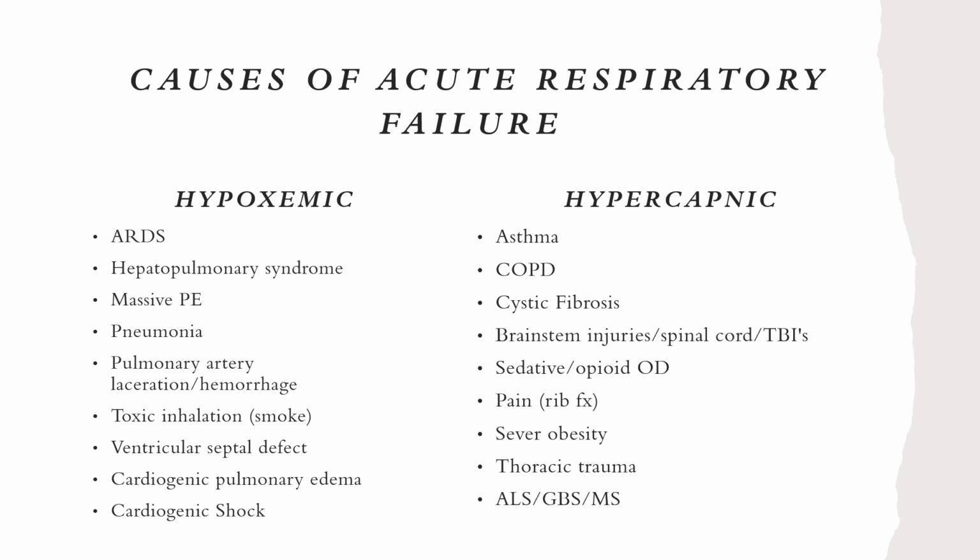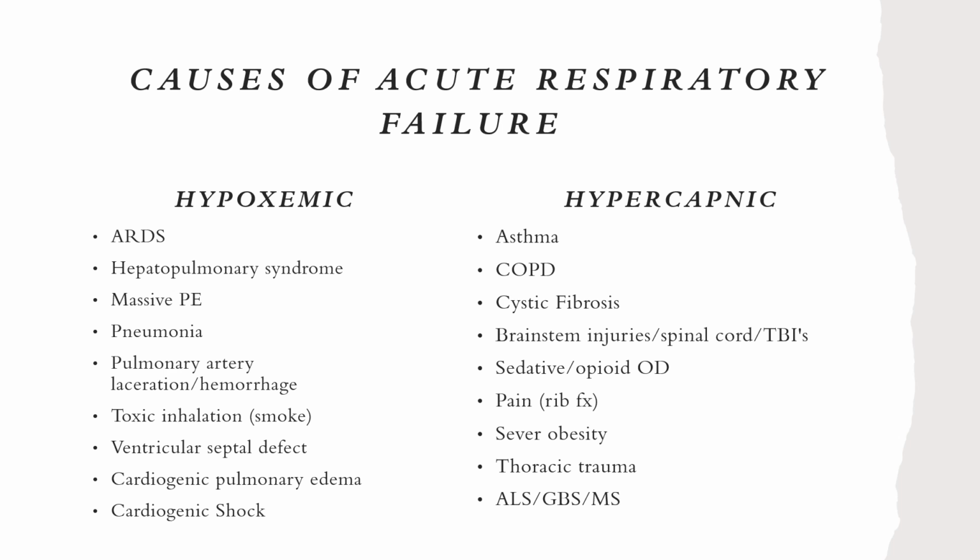And then on the other side, more of the ventilation mechanical issues would be asthma, COPD, cystic fibrosis. It could be brainstem injuries, spinal cord injuries, traumatic brain injuries. Anything neurological can most certainly depress our respirations. Sedative or opioid ODs, depressing respirations. Pain we talked about. So for example, with a rib fracture, we're not going to have that adequate expanding and contracting of our lungs due to pain.